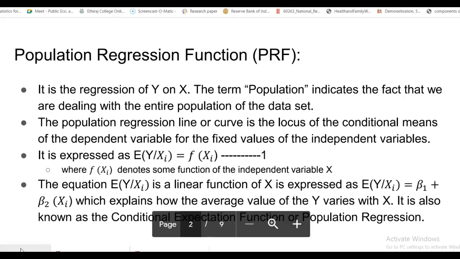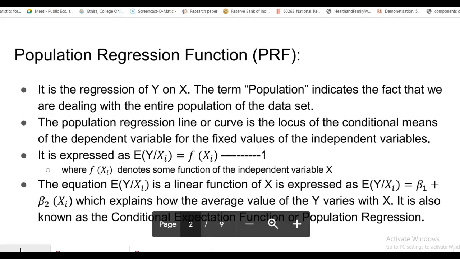So when we do the linear regression model of this dependent and independent variable, from this regression analysis we derive a regression line. How do we derive this regression line? We get the value of the constant, the intercept, and we get the value of the slope.